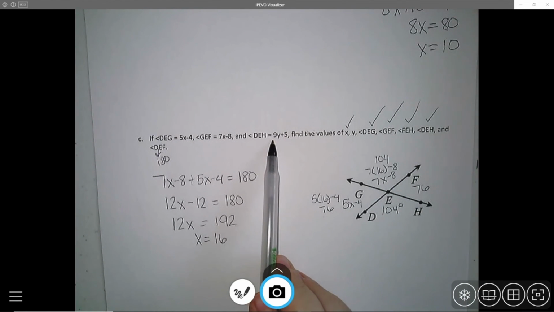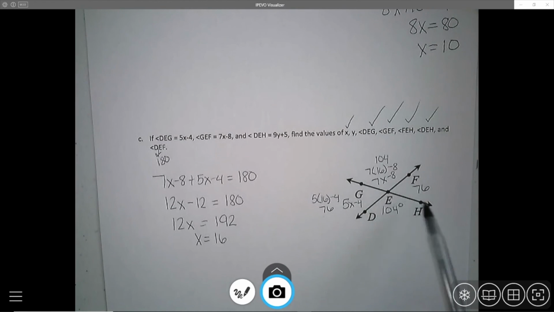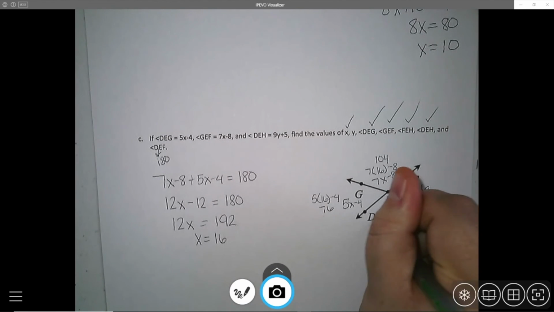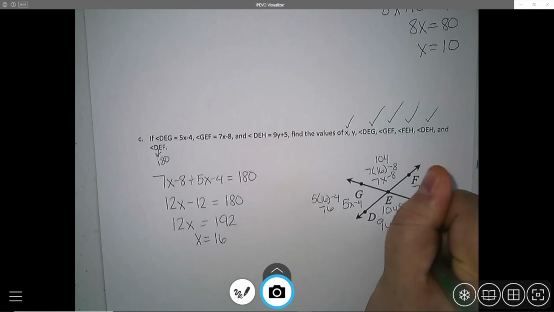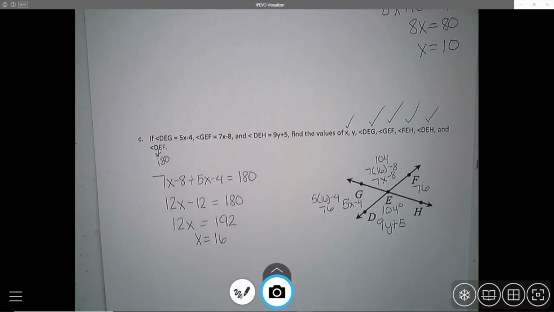This y comes here at this part. DEH is also 9y plus 5. This fits into some things that we're going to talk about the rest of the year. If you have two pieces of information at one spot, you set those pieces of information equal to one another.